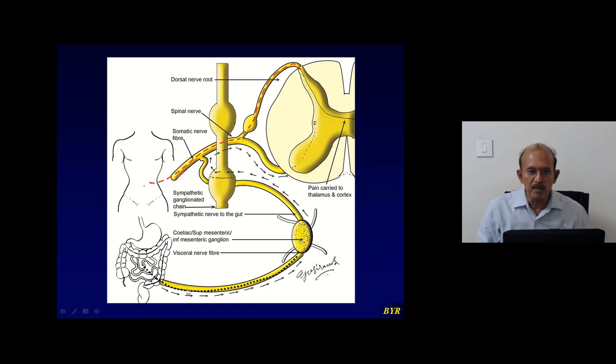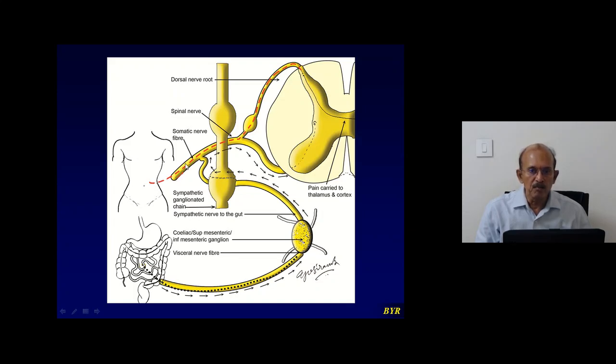Now, you can see this is the peripheral nerve carrying sensory impulses from this particular dermatome. So this area receives the sensory supply from this particular area of the skin and muscles.